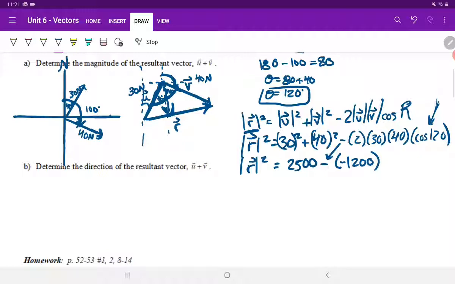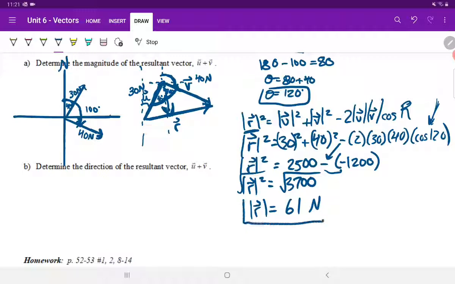You now have a double negative situation where you are going to add those two numbers together. So 2,500 plus 1,200 is 3,700. Now take the square root on both sides, and you get a resultant rounded to the nearest whole of 61 newtons.